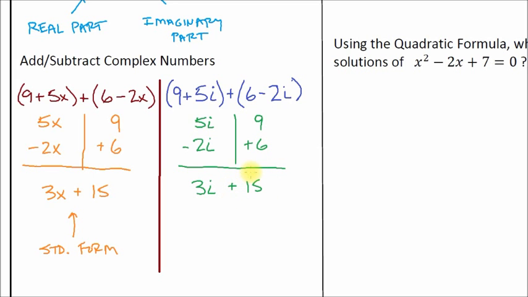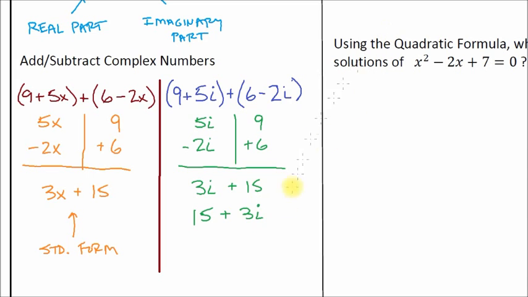And there's our answer. Well, we've got one more thing, class. Remember, in standard form, we put the variable terms first from highest exponent to lowest exponent. Well, the imaginary part of our answer is always going to go on the end. So we're going to rewrite this to be 15 plus 3i.